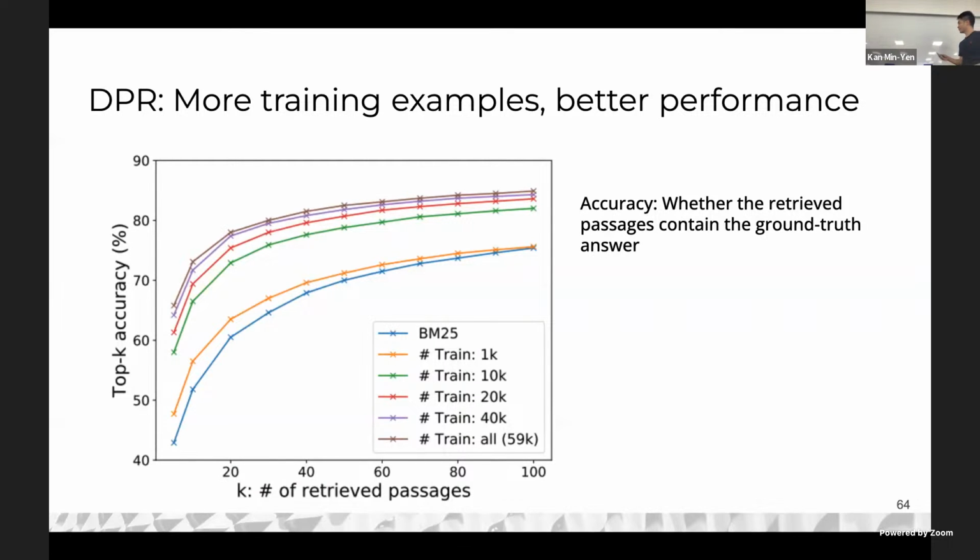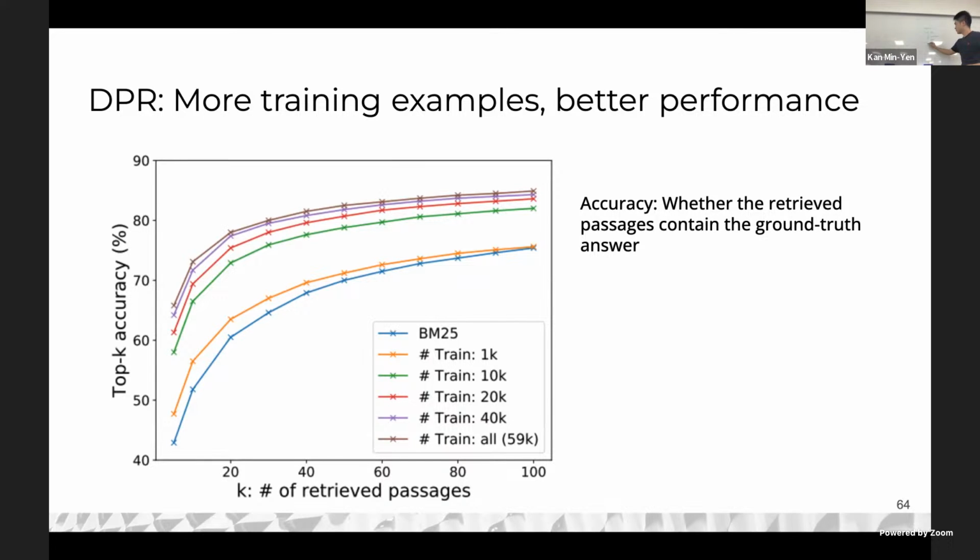I think so. For example, we have a corpus with 10,000 documents, and when we do retrieval, it actually gives a score. Previously we mentioned that the dual encoder gives a score, so it gives a score to all of the 10,000 documents.